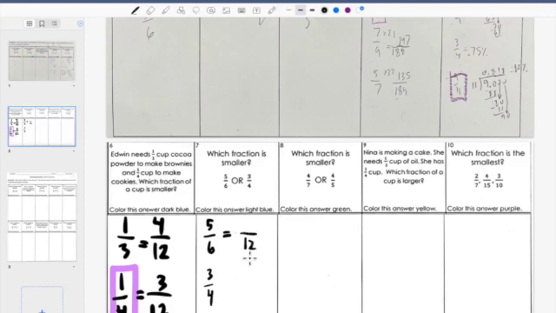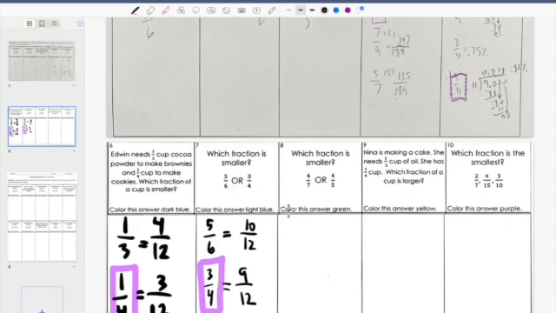Happens to be 12 again. Okay, and 4 times 3 is 12, so 3 times 3 is 9. And 6 times 2 is 12, so 5 times 2 is 10. Clearly, the smaller fraction is 9/12 or 3/4. Okay, you want to color that light blue.